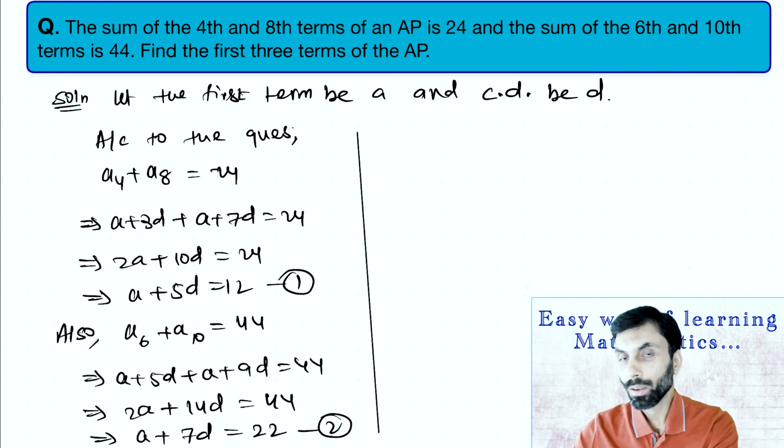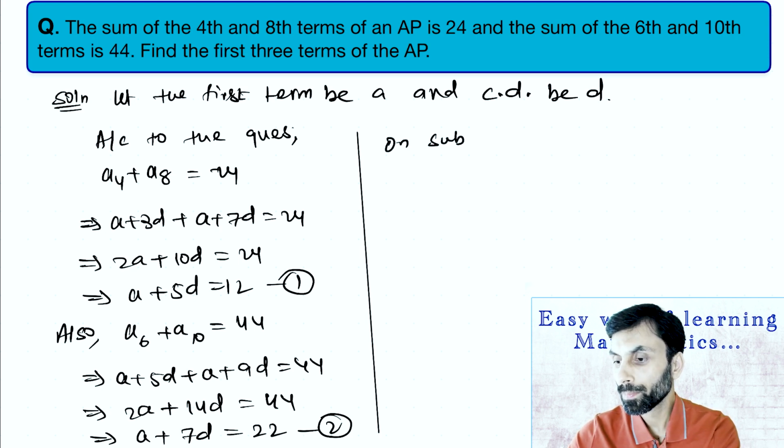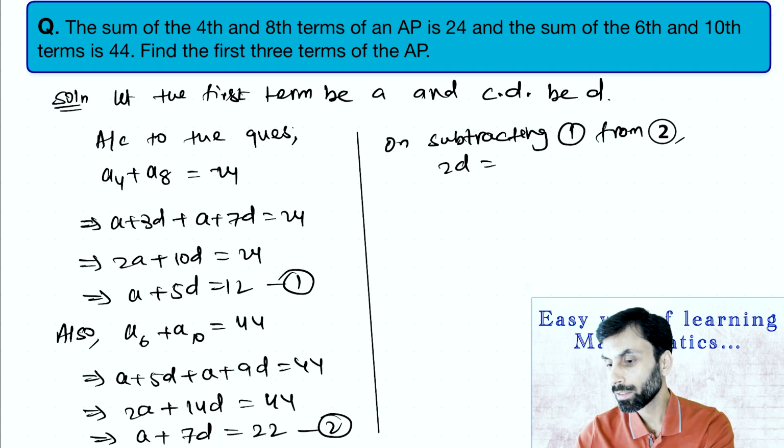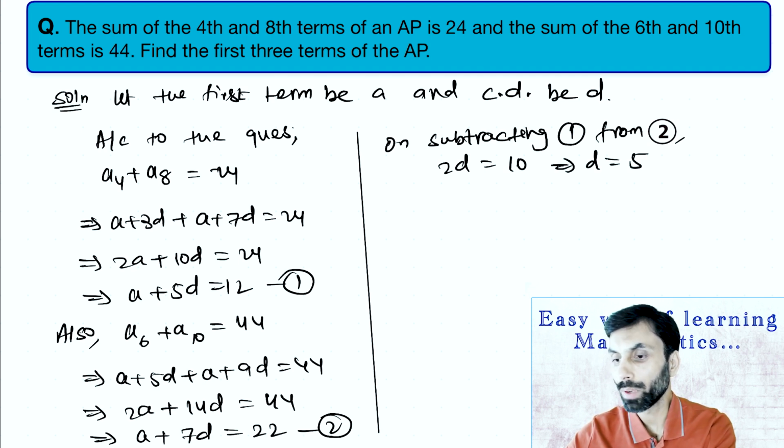Now, on subtracting equation number 1 from equation number 2, what we'll see is a and a will get cancelled. 7d minus 5d will be 2d, and 22 minus 12 will be equal to 10, which means d will be equal to 5.